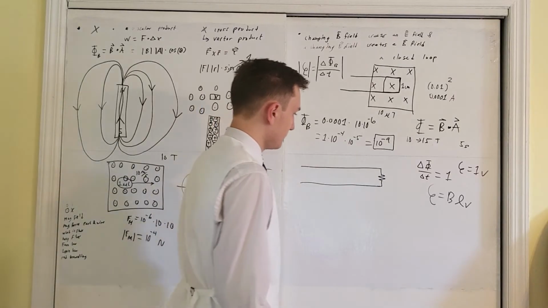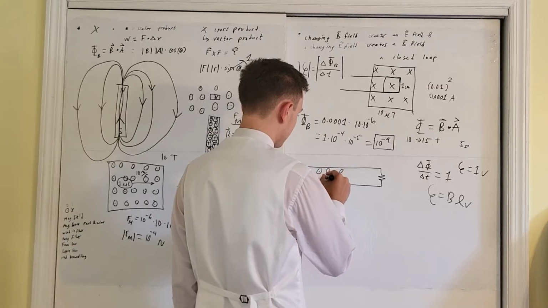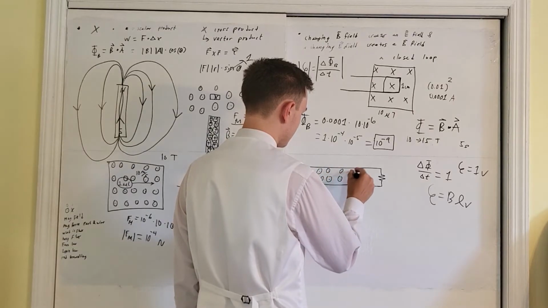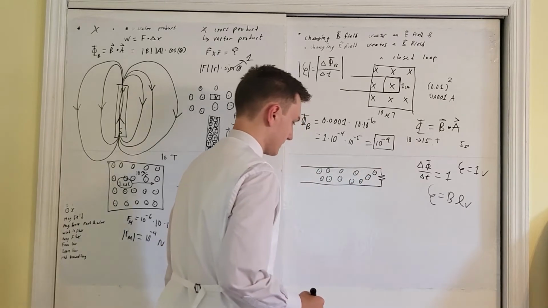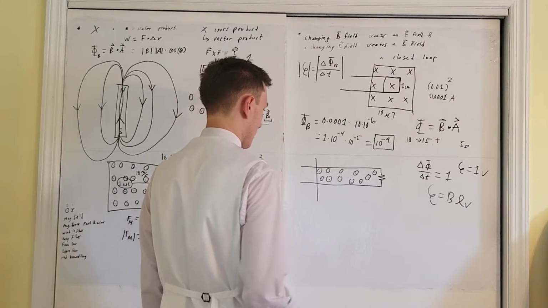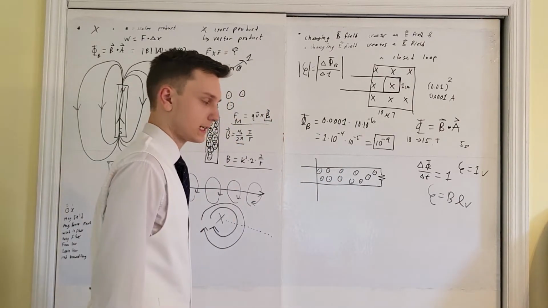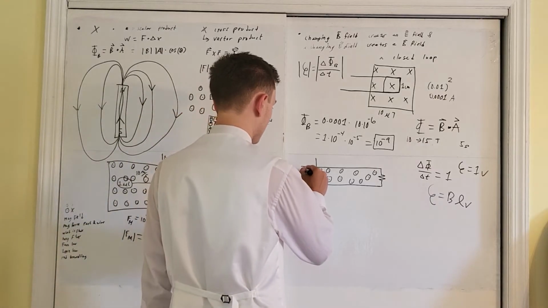Now, there is a B field coming out of the page throughout this area. And I have a stick, a metal rod, a conducting rod on the two wires.